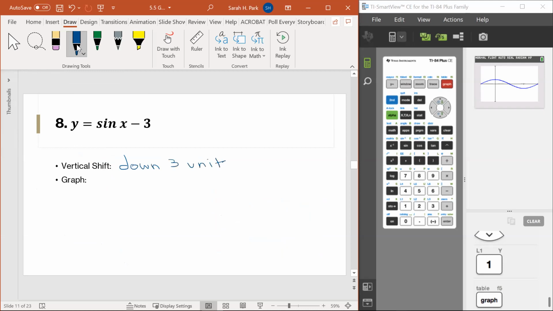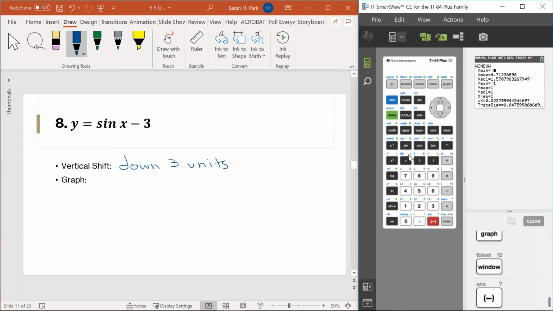And so let's compare it with the usual graph. Let's just make this -2 pi and make this 2 pi and make that pi over 2. I'm going to compare this.